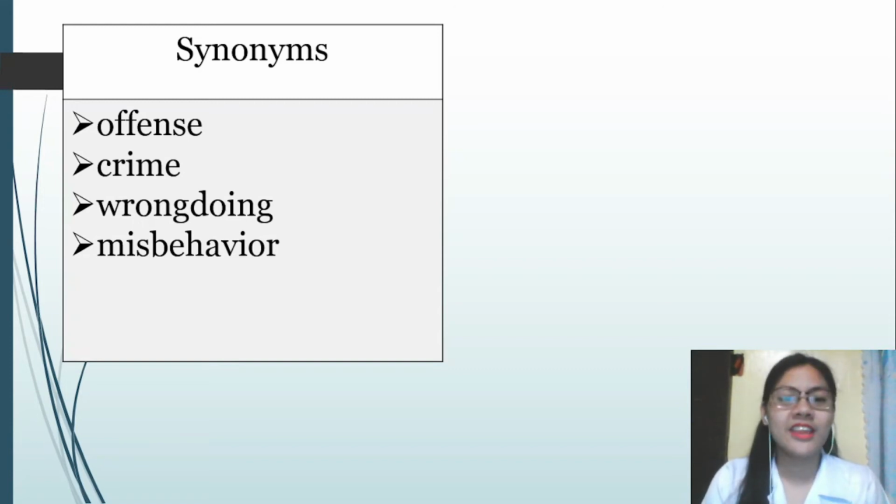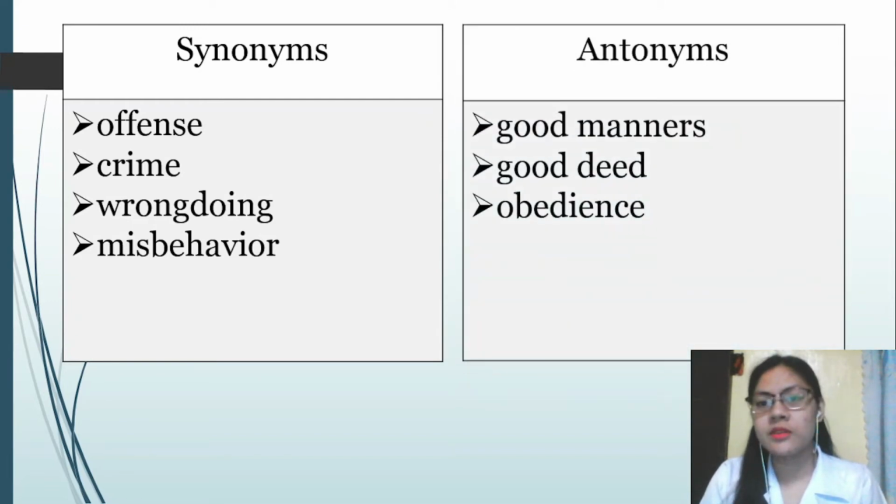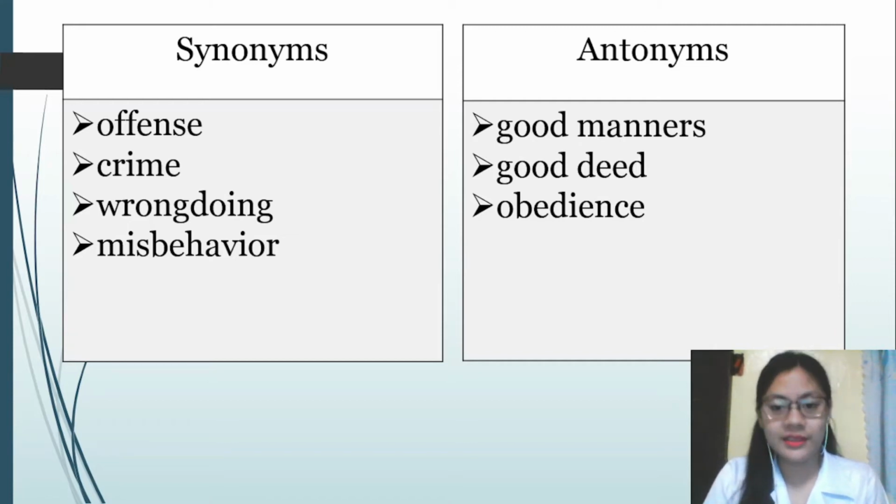Earlier, you stated that violation is like a misbehavior, which is correct. Next one, for the antonyms. Again, antonyms are the opposite meaning of another word. The antonyms of violation are good manners, good deed, and obedience.